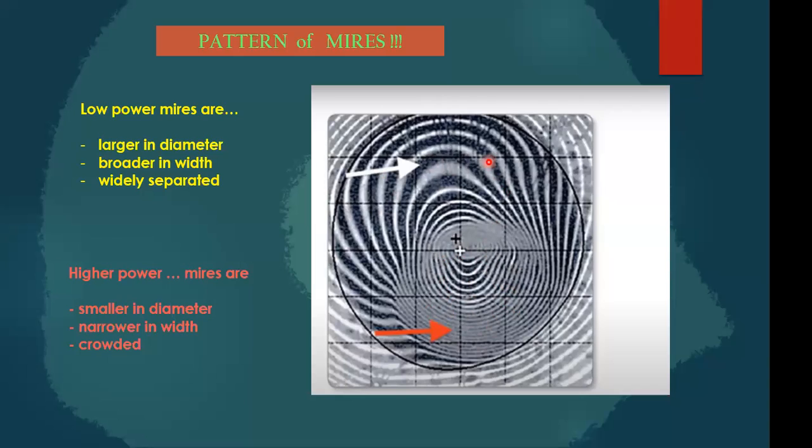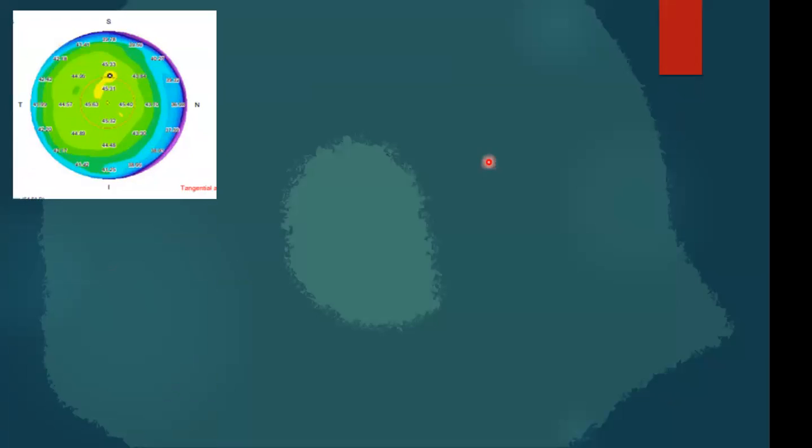Now we'll see the different images that we could see in a Placido map. This is a very normal cornea, which is mostly green. That means it's mostly around 42 diopters. So it's a very uniform flat cornea.